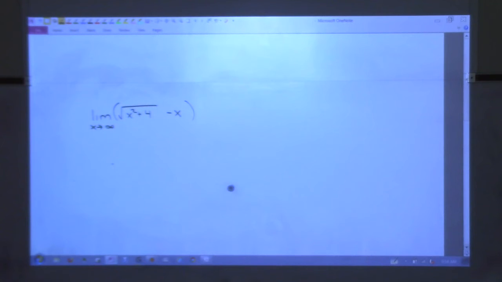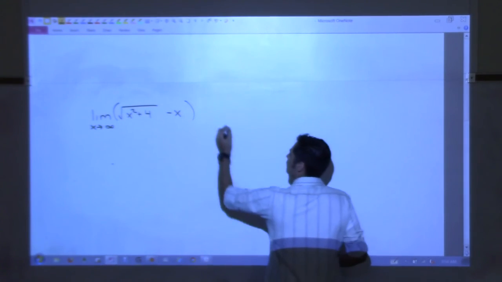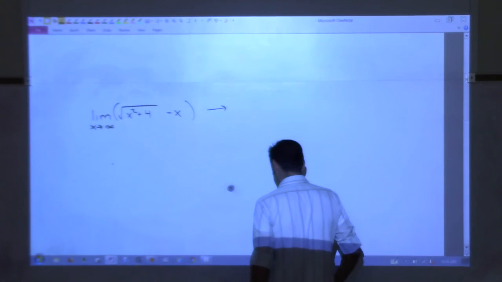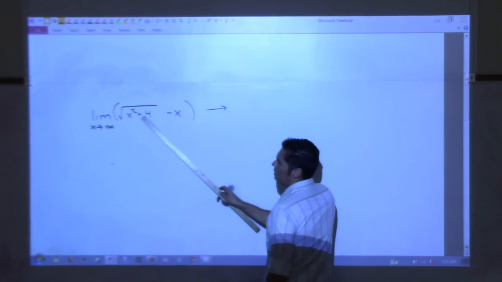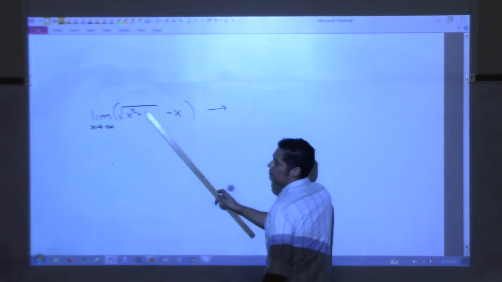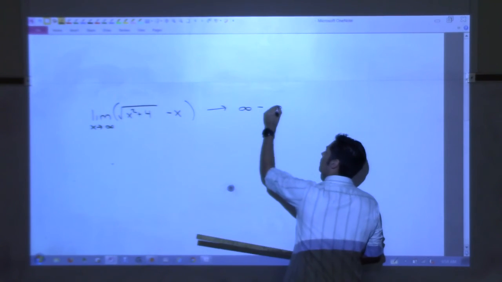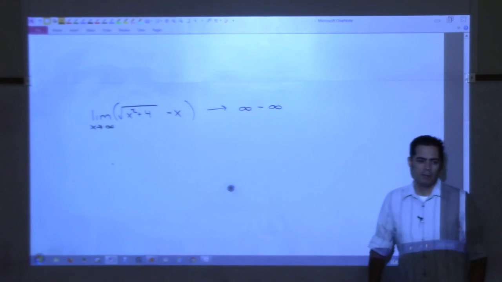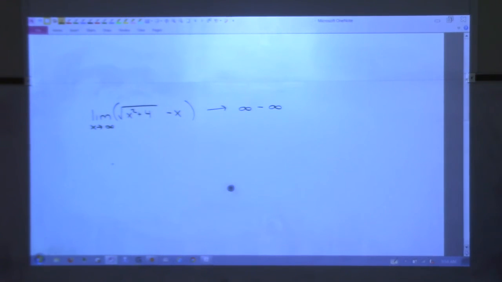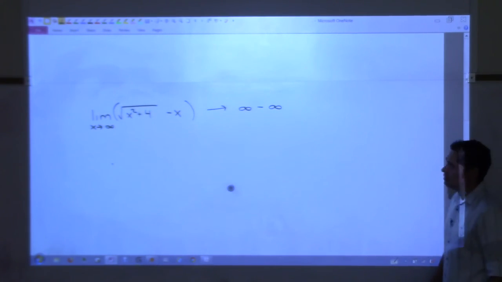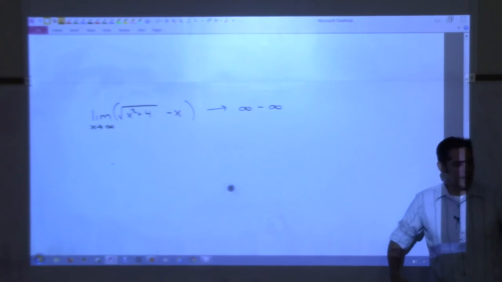Okay, what's the form of this limit? So this whole thing right here is infinity minus infinity, which is not 0, right? That is still something we cannot determine.